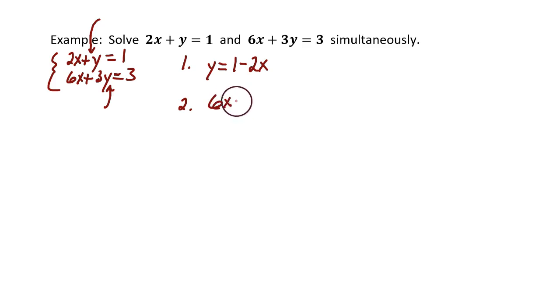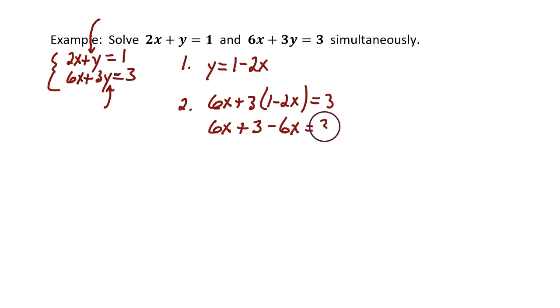It becomes 6x plus 3 parentheses 1 minus 2x equals 3. Now solve this. First, a little distributive property. 3 times 1 is 3, and 3 times minus 2x is minus 6x. Now combine like terms. 6x minus 6x is nothing. We're left with 3 equals 3.